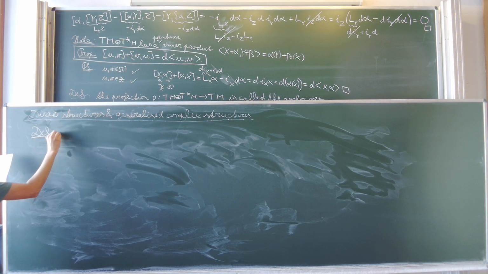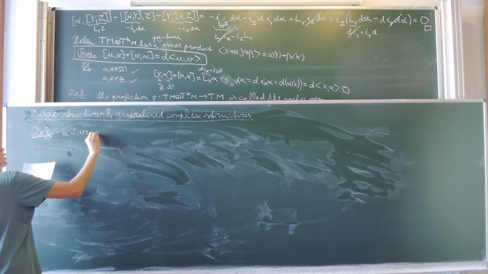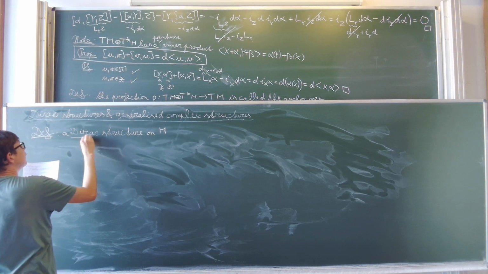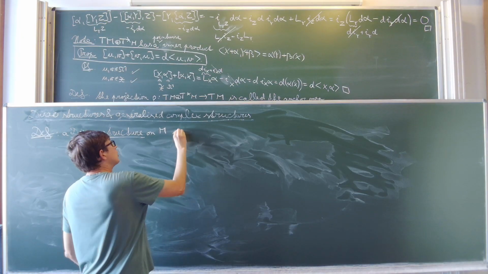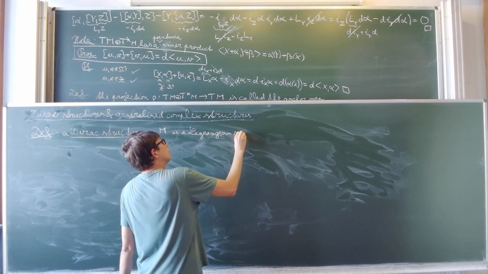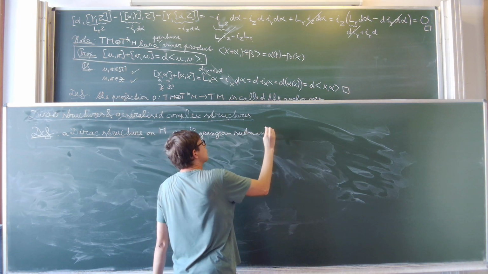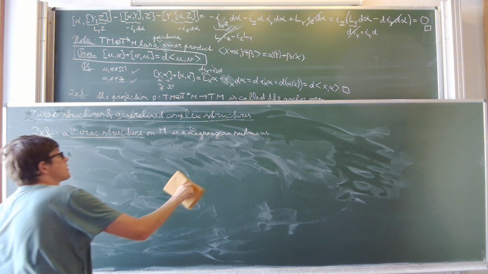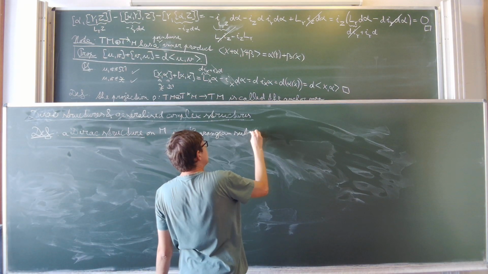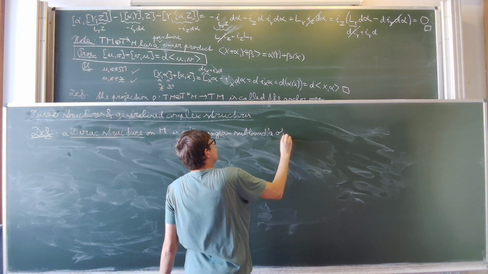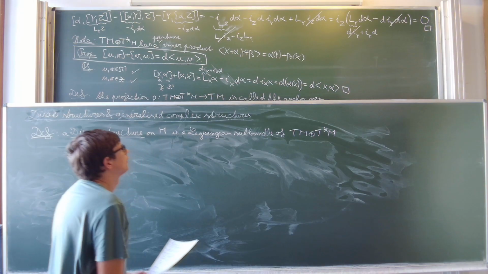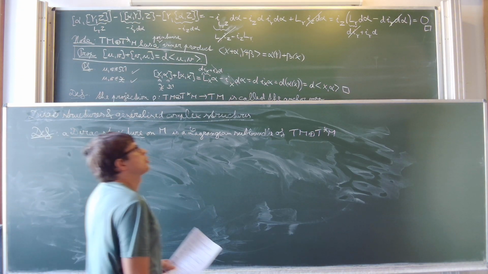So now let's make a definition. A Dirac structure on M is a Lagrangian subbundle of this guy that we had. So we still keep talking about T plus T star for today, which is involutive.